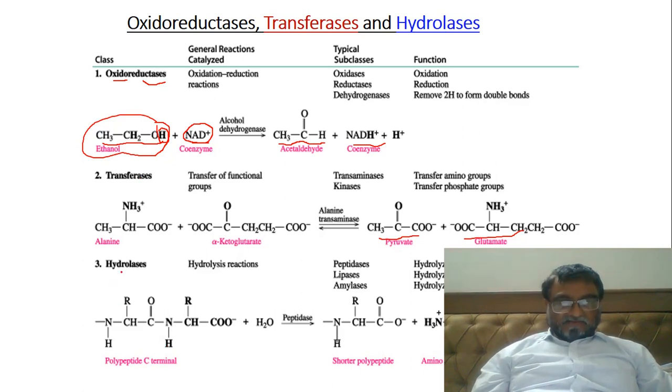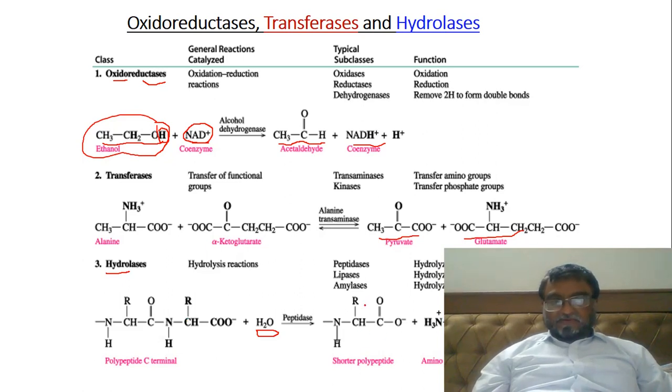Another example is hydrolysis. There are several subclasses for hydrolysis. One subclass is the peptidase, and hydrolysis means breakdown in the presence of moisture. So we are looking at breakdown in the presence of moisture. This is basically amino acids.